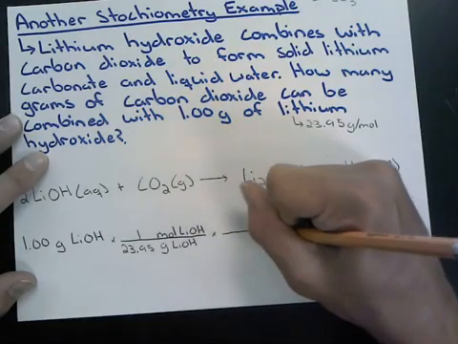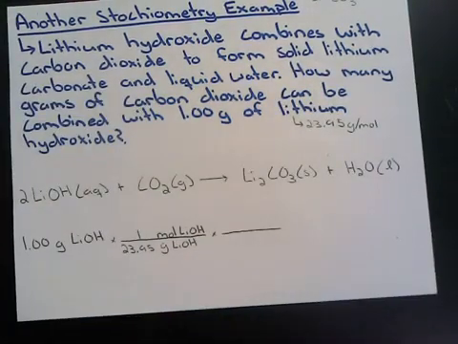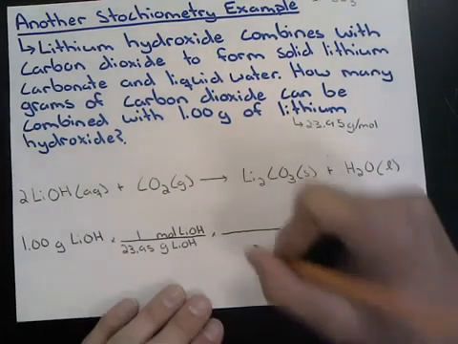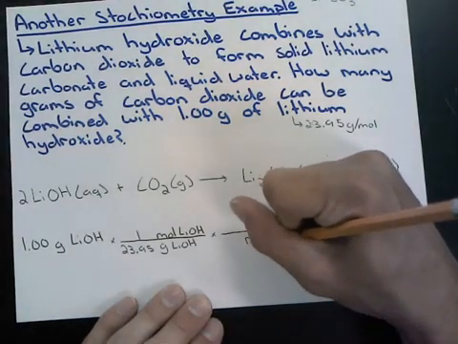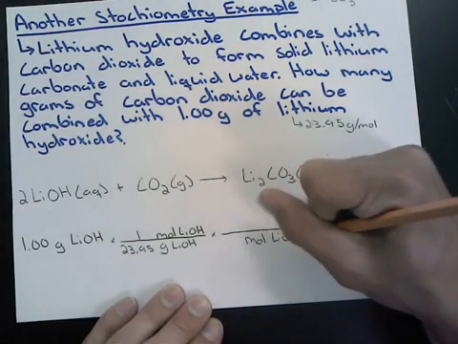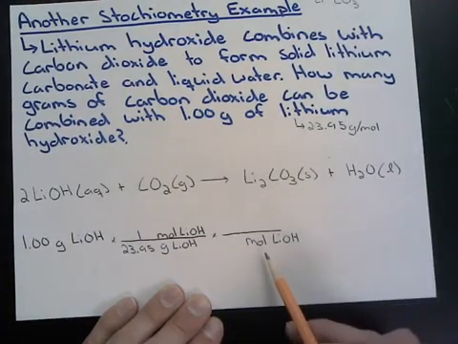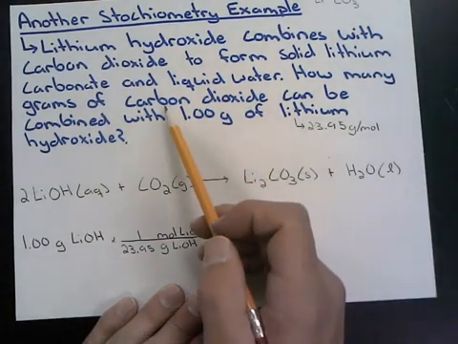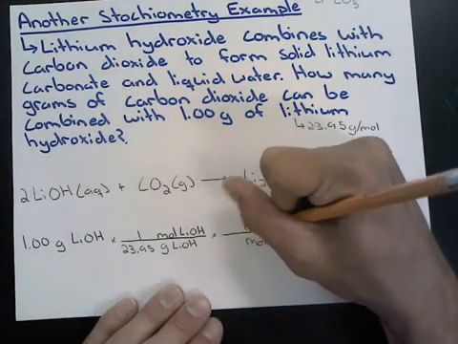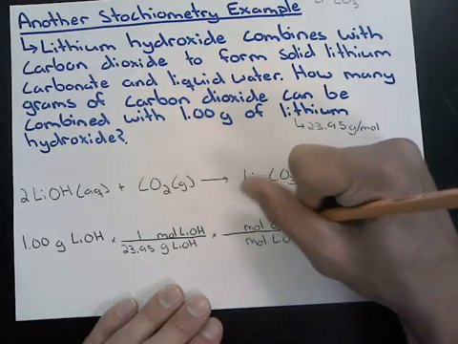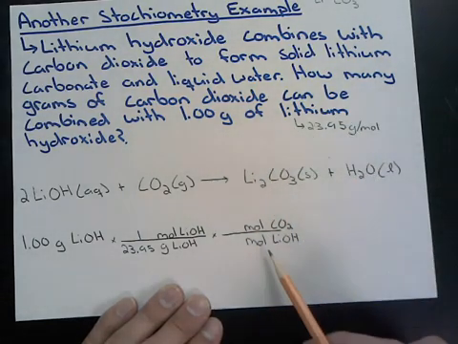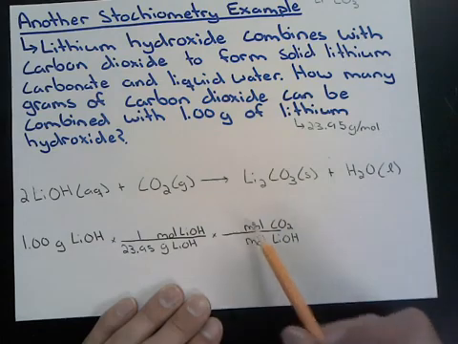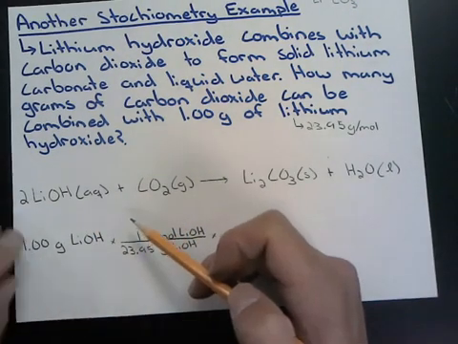Now that I'm in moles of lithium hydroxide, I can utilize my chemical equation and go from one substance to the other. I can go from moles of lithium hydroxide to what I want, but it has to be in moles of that different substance. Now, mole over mole, where we turn to find numbers is the balanced chemical equation.